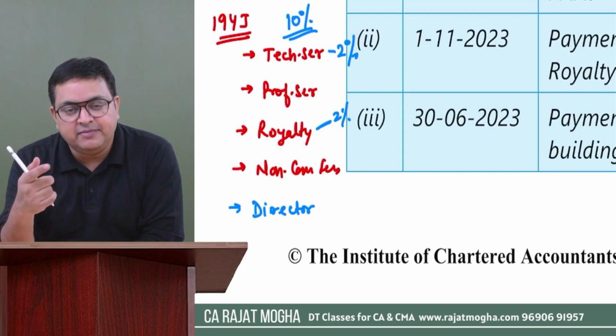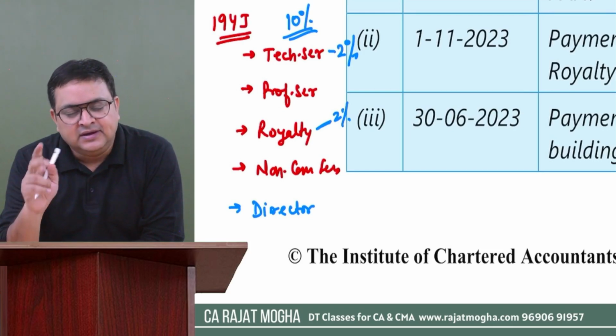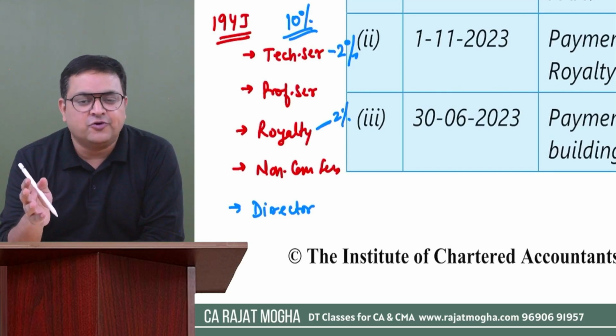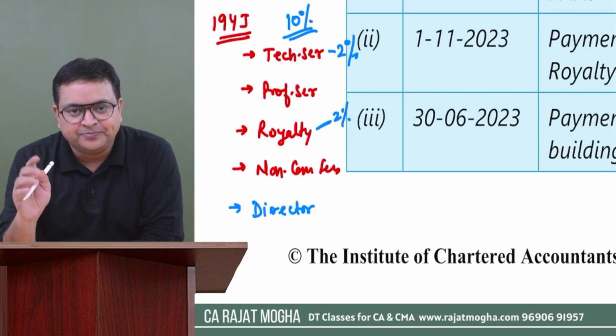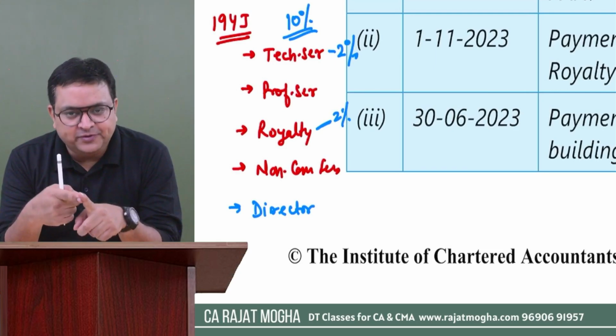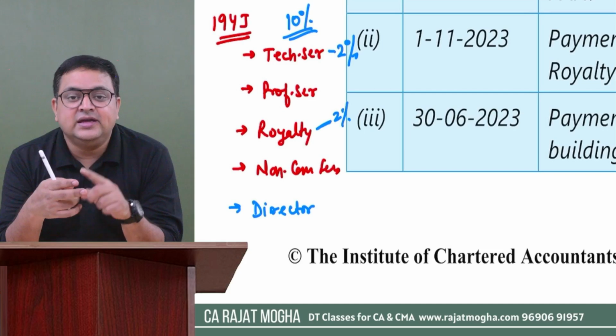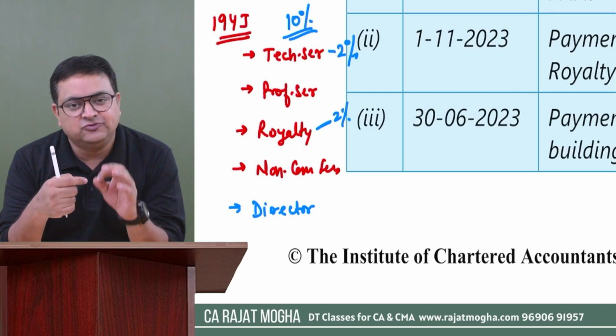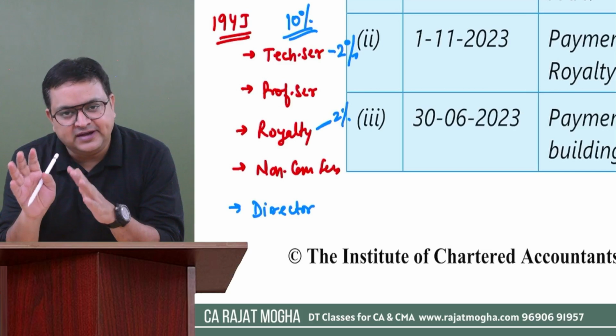If you are making a payment for cinematographic films, then for such royalty it is just 2%. For other kinds of royalty, it is 10%. So please remember, for technical services it is 2%. Second, for royalty related only to cinematographic films, it is 2%. And for others, it is 10%.